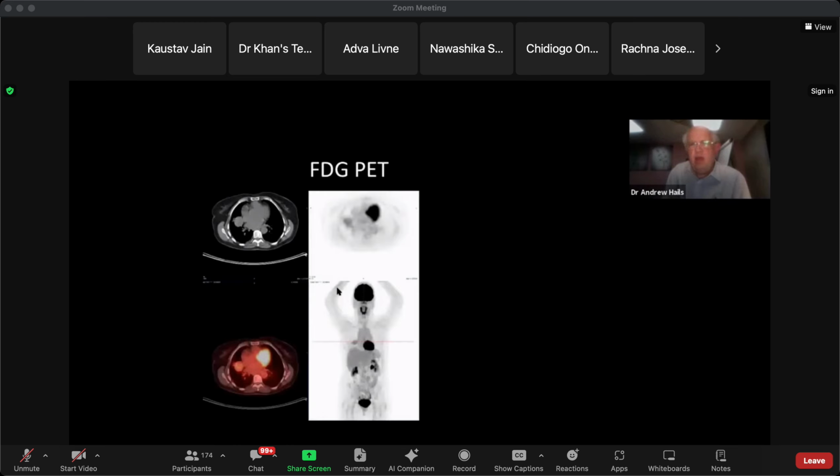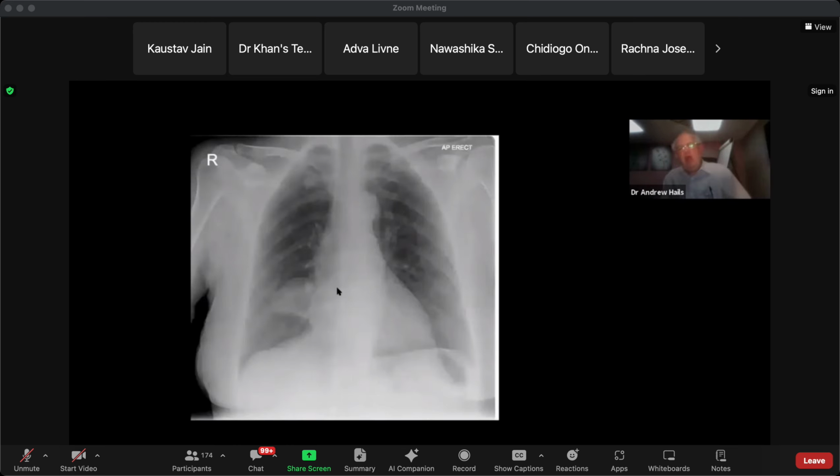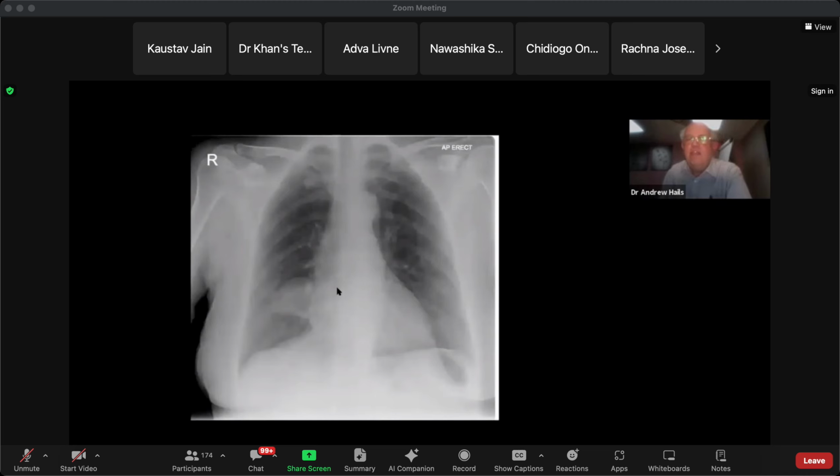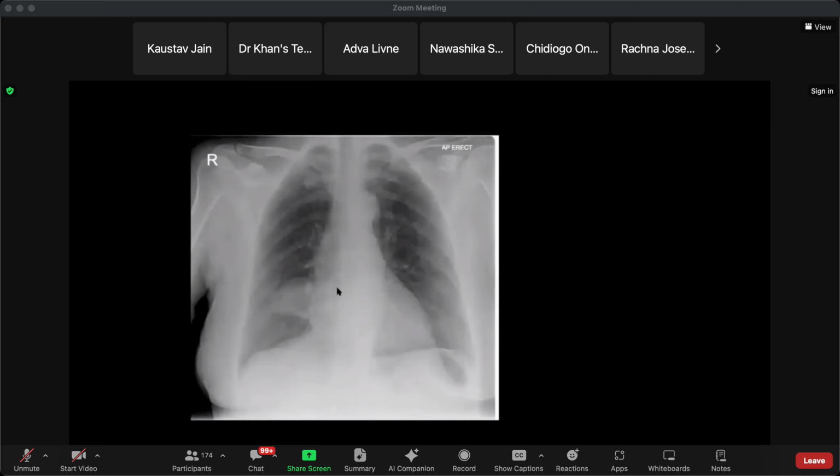Okay. Right. So what about this case? We've got this chest X-ray. And this is actually a PET scan, even though I'm not supposed to be doing any PET scans. Okay, so the chest X-ray demonstrates a soft tissue mass in the right lower zones. It doesn't obscure the heart border, so it is likely within the lung parenchyma itself.